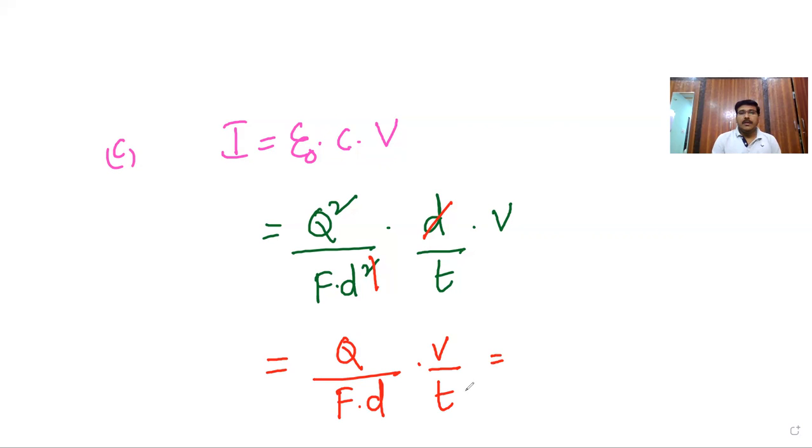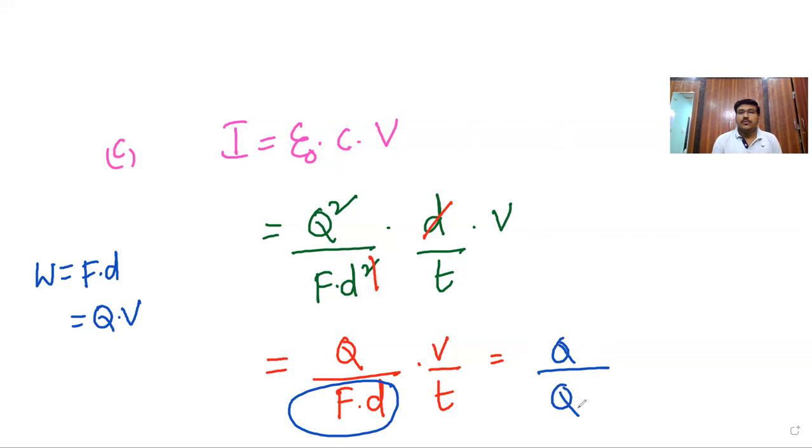V by T. Just now we have seen that work is equal to FD, which is equal to Q into V. If I replace this term FD by QV, so Q divided by QV into V by T.